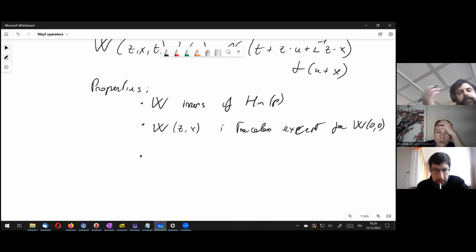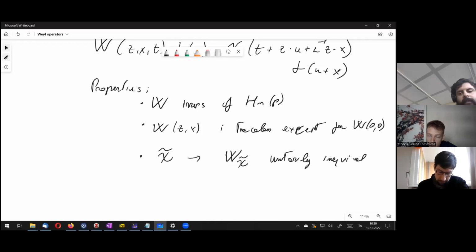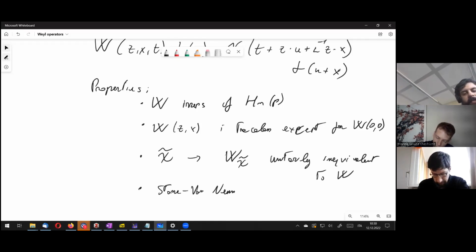And suppose that chi tilde is another character of F p, then if we define W of chi tilde as before, but with chi tilde instead of chi, then this is unitarily inequivalent to W. And the last property is the Stone-von Neumann theorem, that is actually the most important one for us.